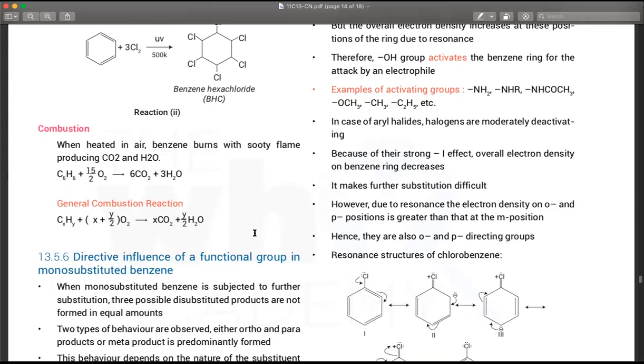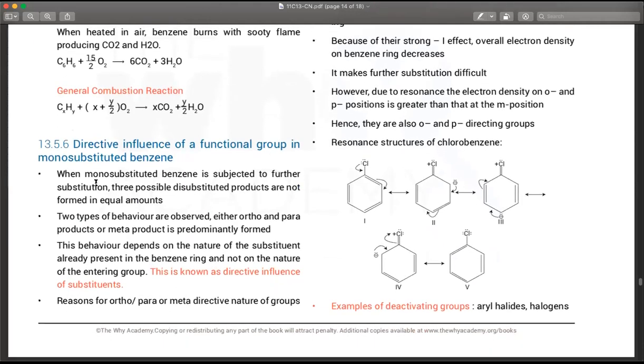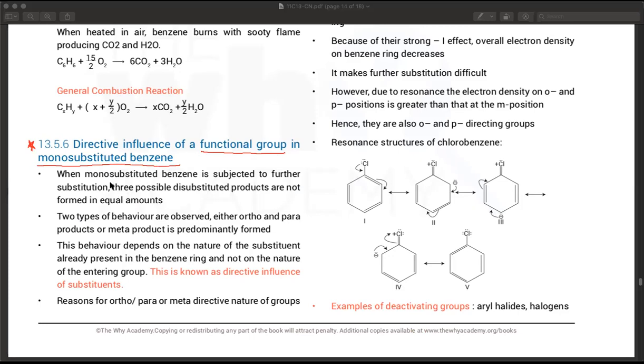Right? Directive influence of functional group in a substituted benzene. Okay, this is an important concept that you guys need to get familiar with. So, directive influence of a functional group in monosubstituted benzene.